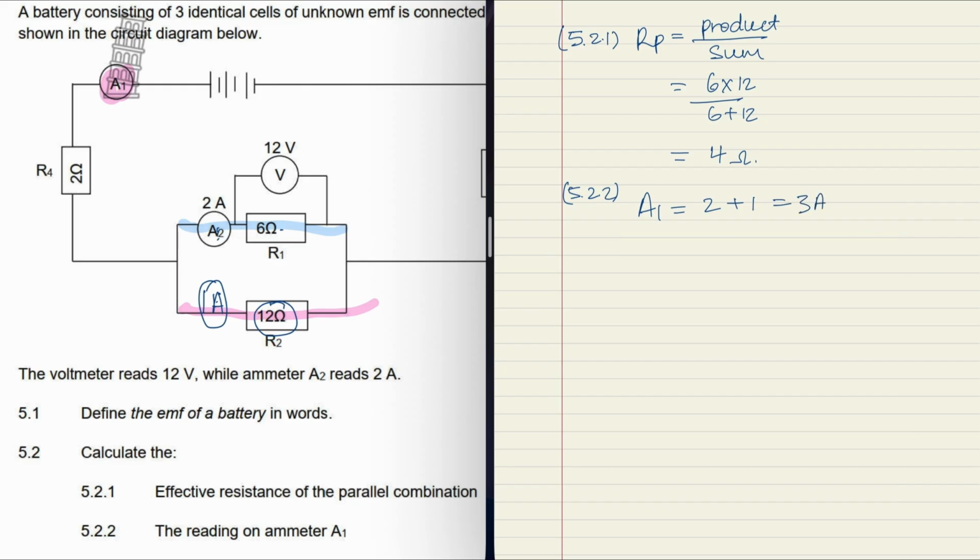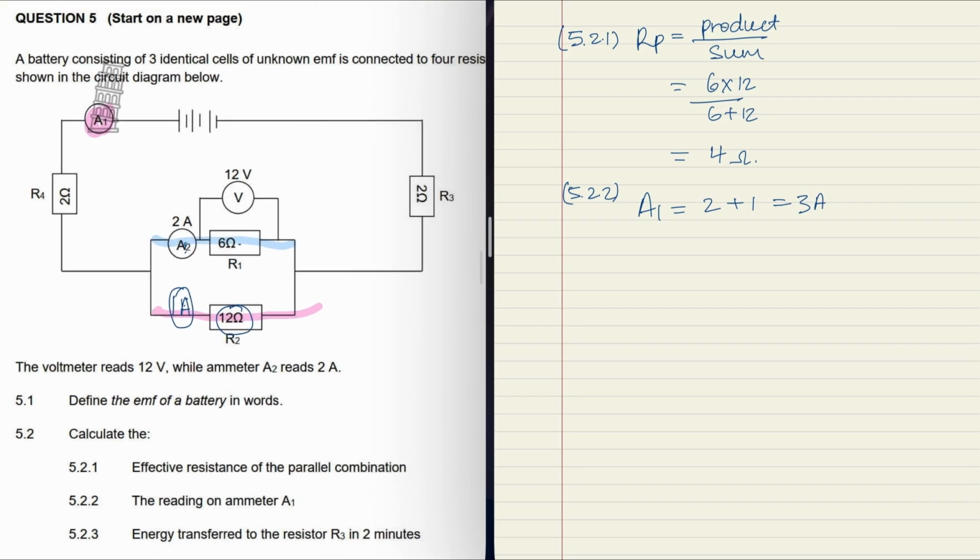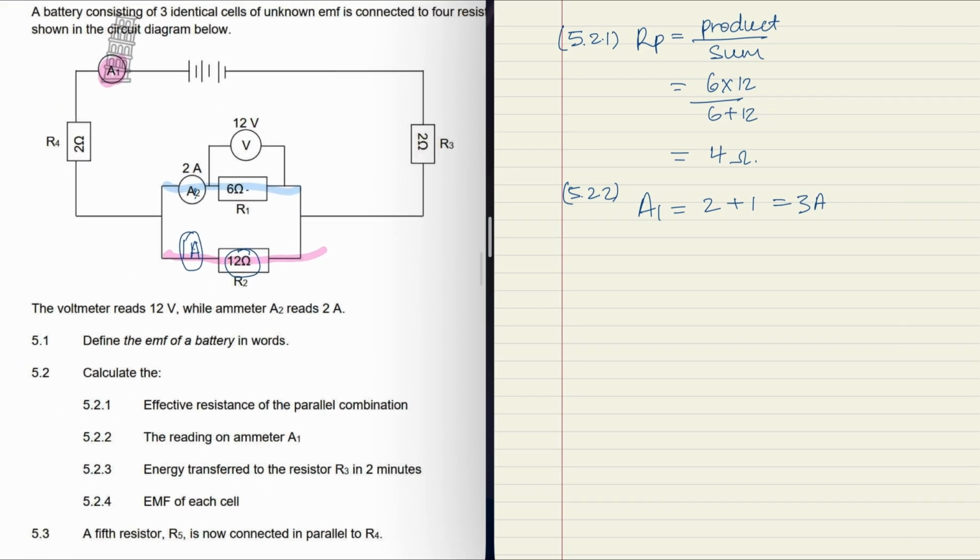Now, there is a different way to do it, of course, and that involves using formulas. Since the blue branch and the pink branch are in parallel, the voltage will be the same. So I can calculate the current in the bottom branch, the pink branch.